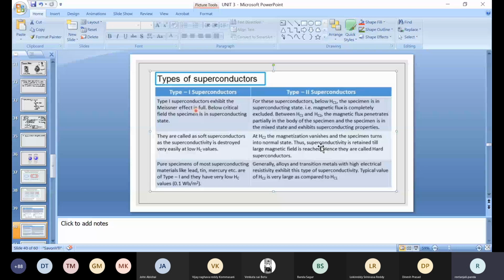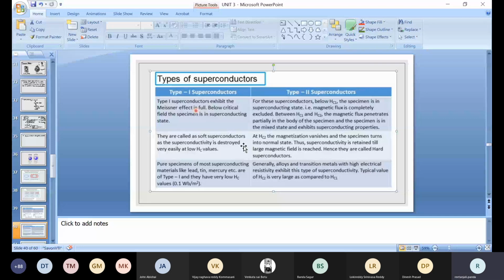So to overcome that distance, it takes much more magnetic field. That is why these are called hard superconductors and those are called soft superconductors.